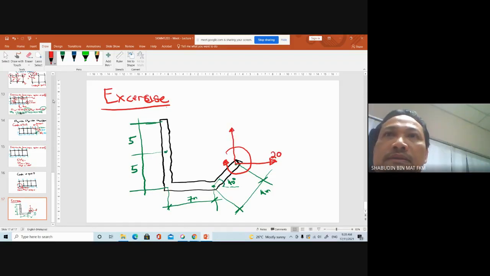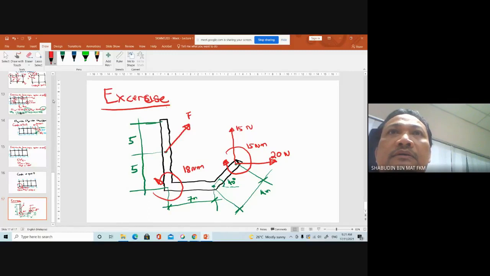Force here is 20 Newton. Here is 15 Newton meters. There is 15 Newton. You apply again here a moment, 18 Newton meters. And you apply here a force.